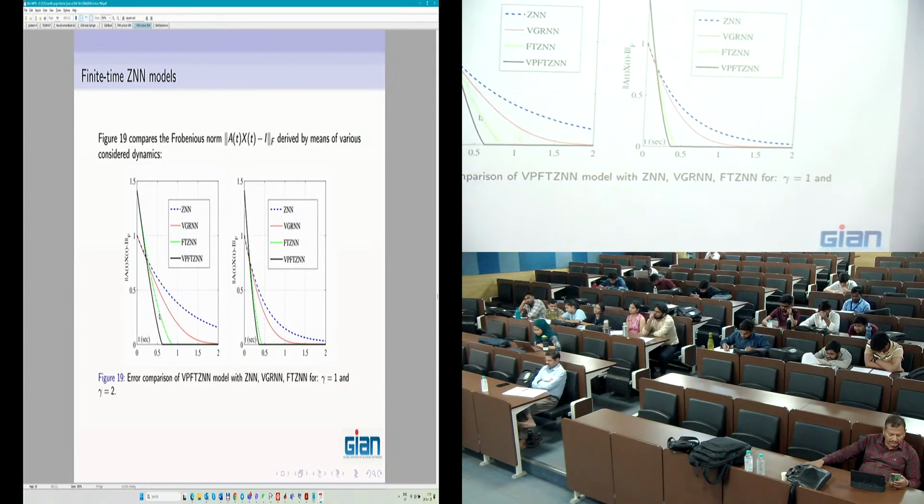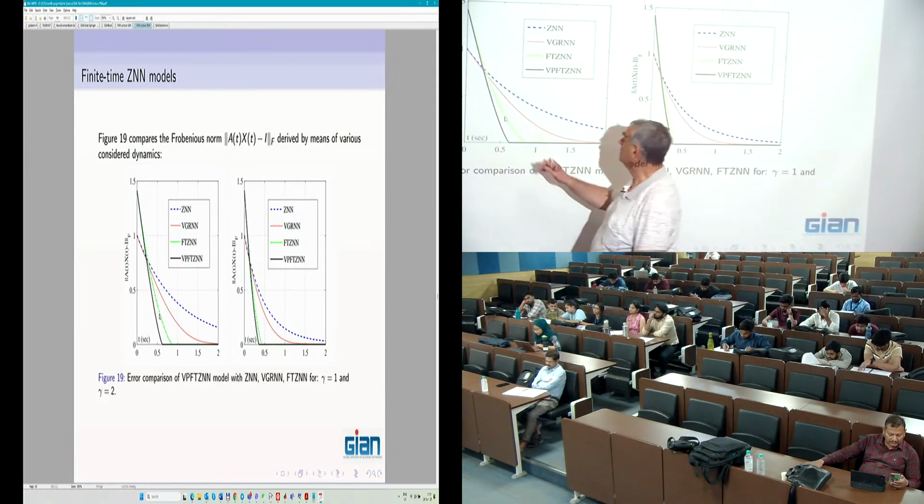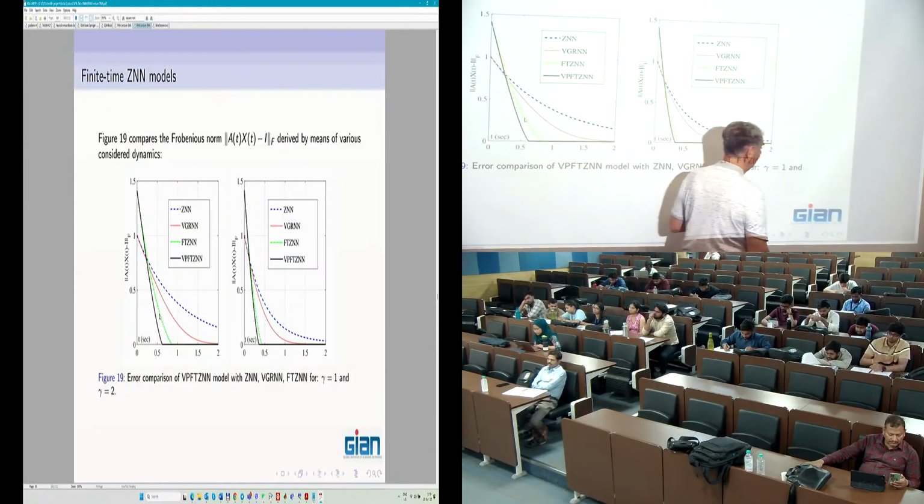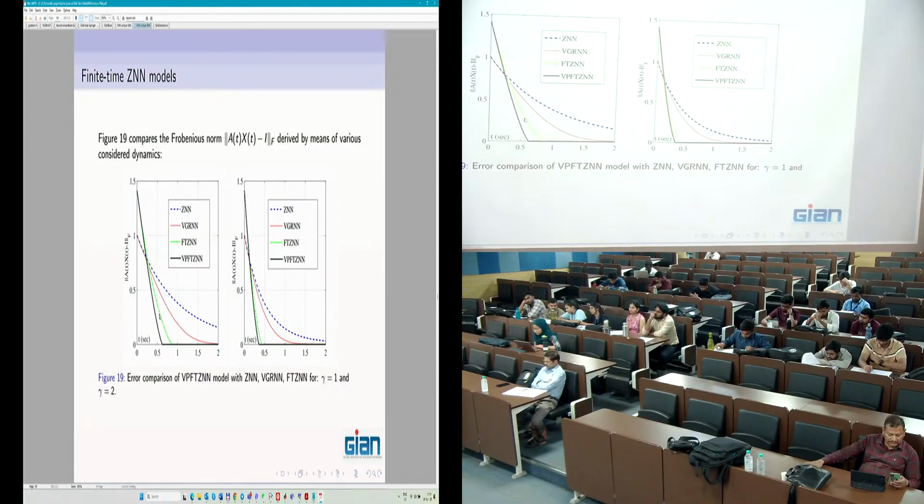And the best, the black graph, is for the proposed VP FTZNN design in this paper.